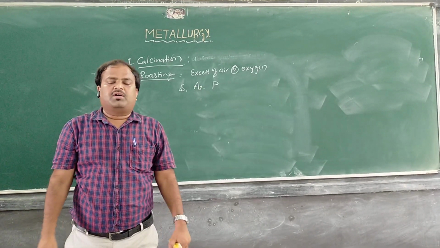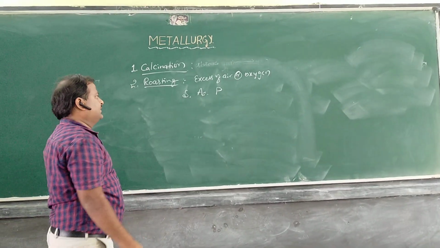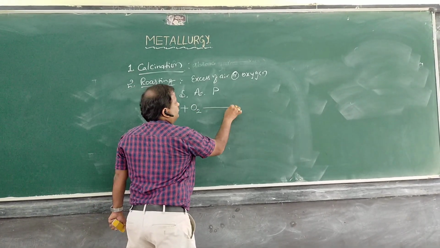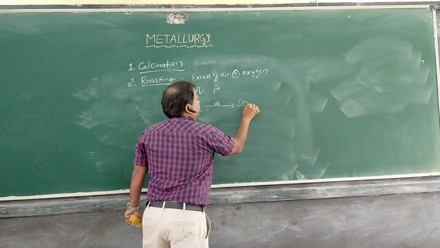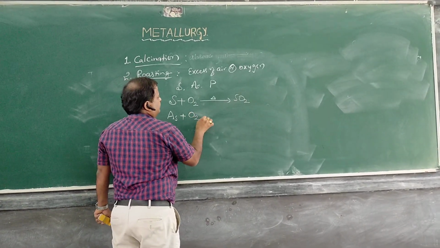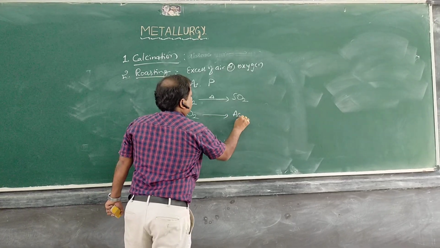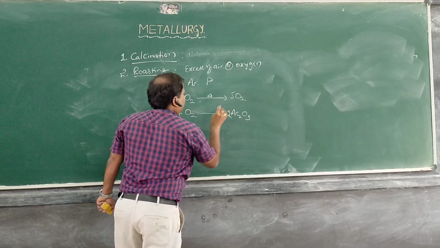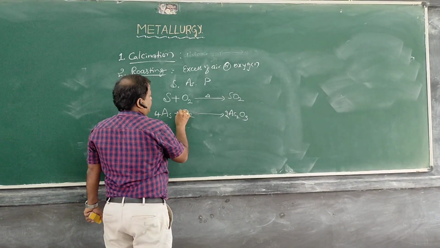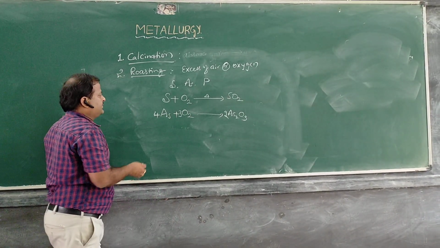These impurities are expelled off in the form of volatile oxides, that is S plus O2 gives SO2. Similarly, arsenic gives As2O3, this is 4As, this is 3O2, then phosphorus.